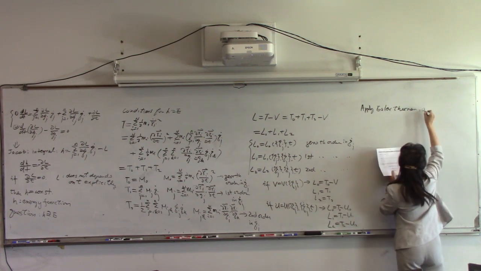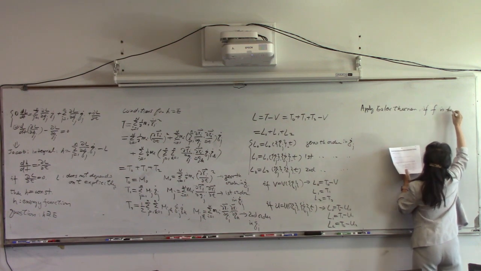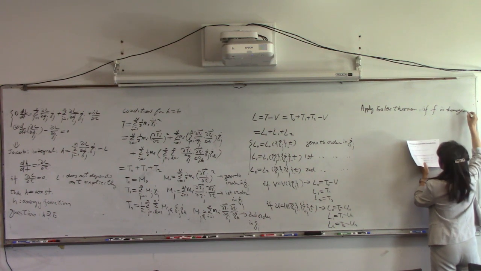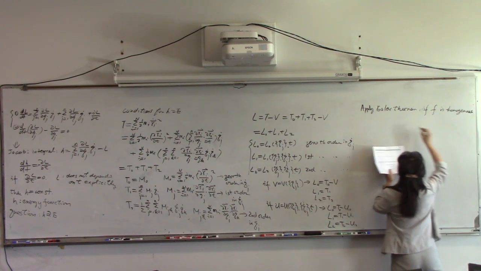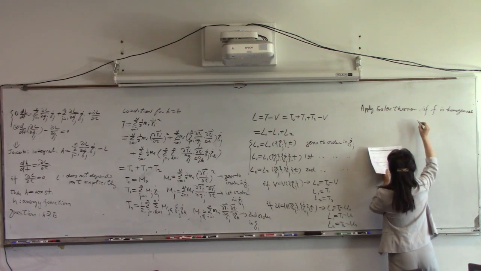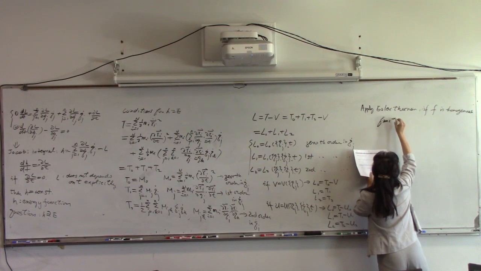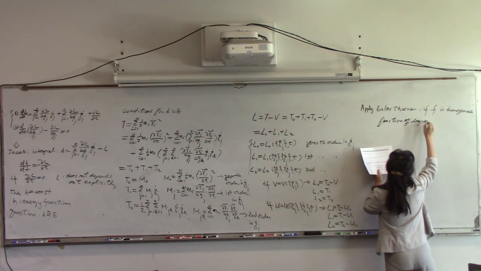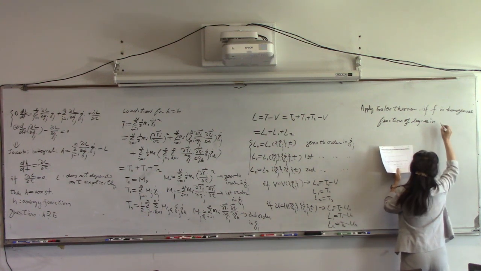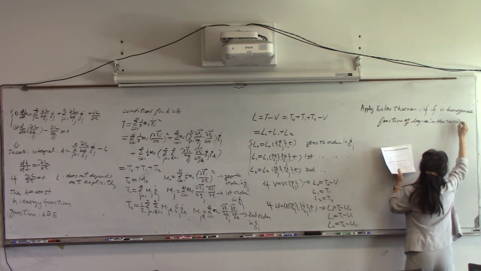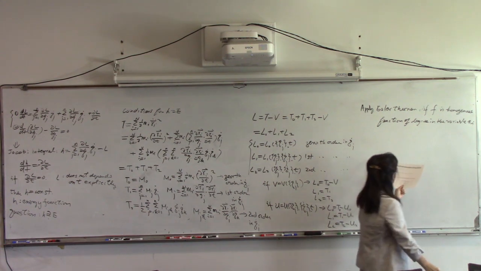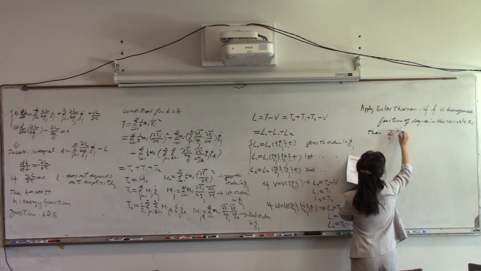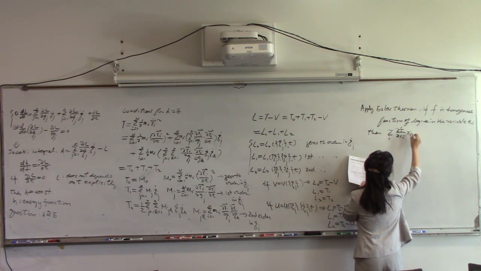This Euler theorem says that if a function f is a homogeneous function of degree n in the variables xi, then we have the sum over all i of xi times partial f partial xi equal to n f.